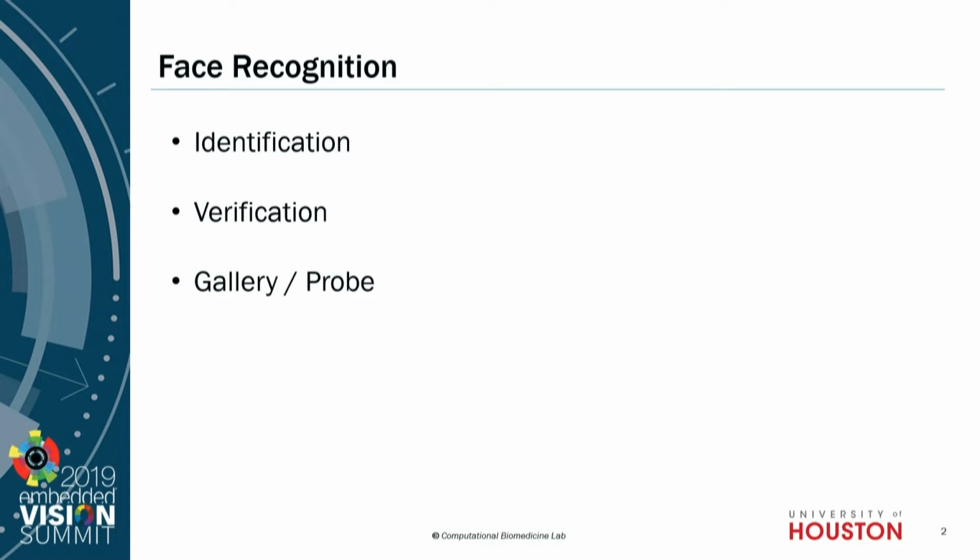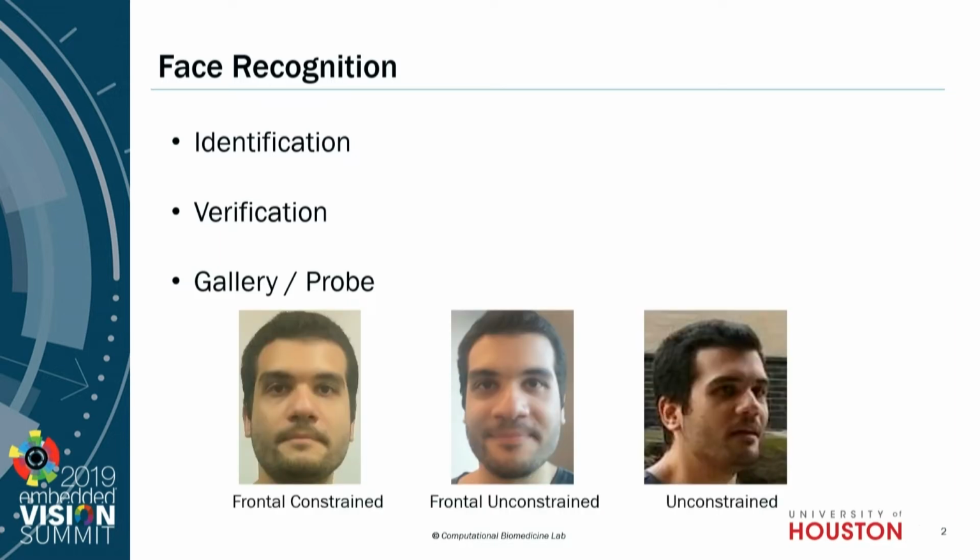And these datasets, without loss of generality, let's think about images, can be either frontal constrained images in some constrained environment for enrollment purposes, or frontal unconstrained, using the selfies that we all learn to love, or unconstrained in an outdoor evaluation scenario.